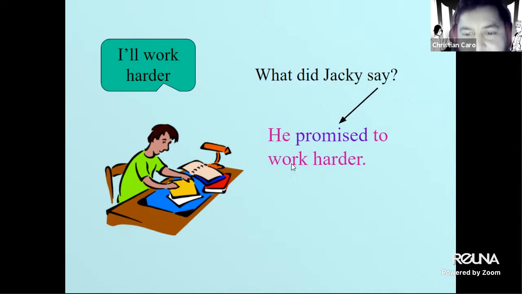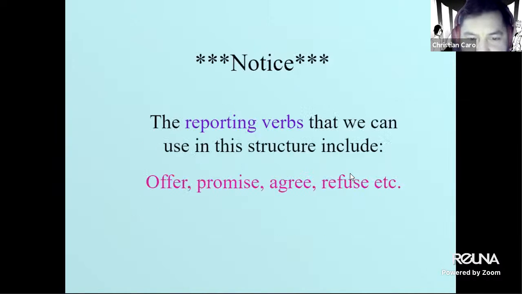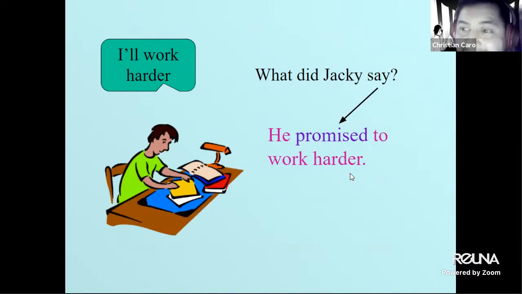Entonces, he promised to work harder. He said, también el said es famoso. He said he would work harder, también puede ser, pero también puedo utilizar este verbo como función comunicativa. He promised to work harder. Or, for example, he agreed, in this case, to work harder. Estuvo de acuerdo en trabajar más duro.